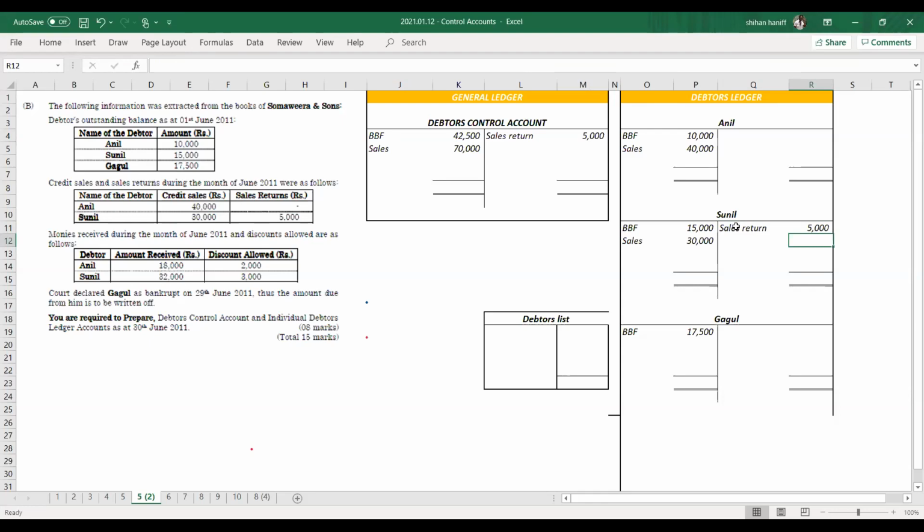Cash from Anil 18,000, Sunil 32,000. Cash 18 plus 32 is 50,000.